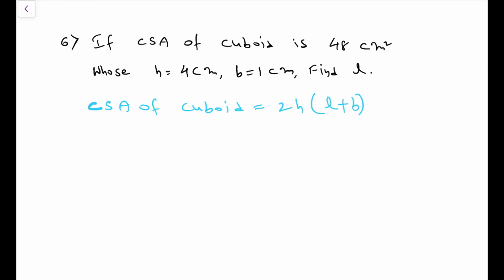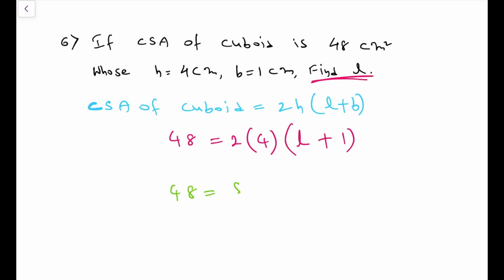CSA is given as 48. So under CSA keep 48 equals 2 into height 4 centimeter into length unknown. We need to find the L value only, right? So L keep it as it is plus B breadth 1. So that will be 48 equals 2 4s are 8 into (L plus 1).